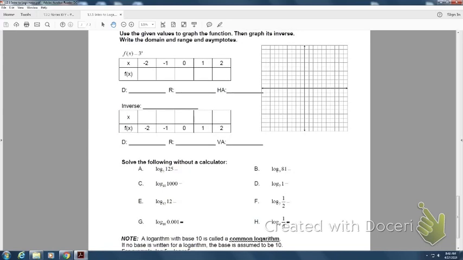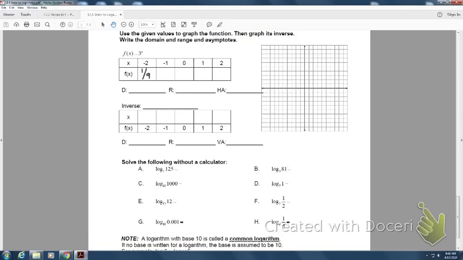Okay, so first let's fill out that table. 3 to the power of negative 2 is what? 1 over 9. Remember, if you have the negative exponent, all that does is it makes it a fraction. If 3 squared is 9, 3 to the power of negative 2 is 1 over 9. If 4 squared is 16, 4 to the power of negative 2 is 1 over 16.